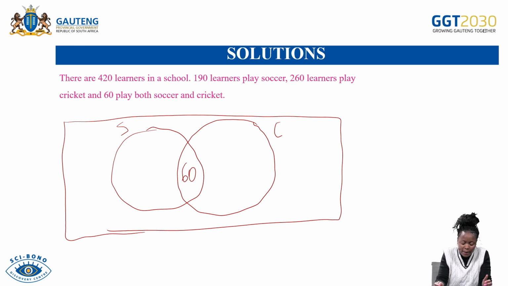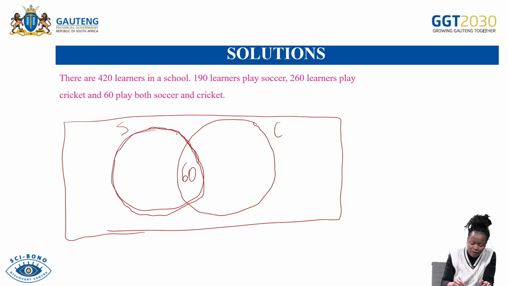And then we go up, it's 190 learners play soccer. So when I'm checking this whole event, everything in soccer should give me 190 learners, because I've got 190 learners that are playing soccer. So for you to get 190, you must say 190 minus the 60 of the intersection.